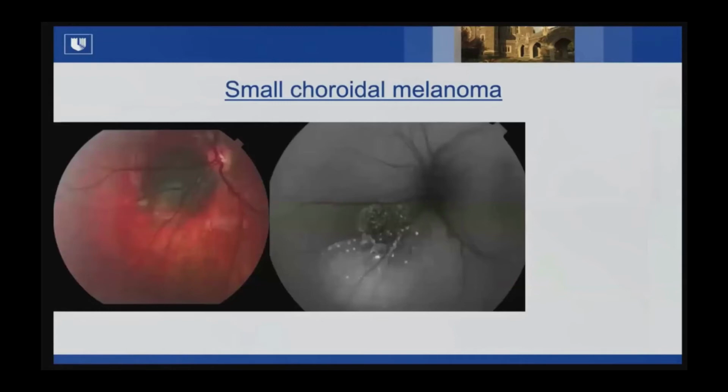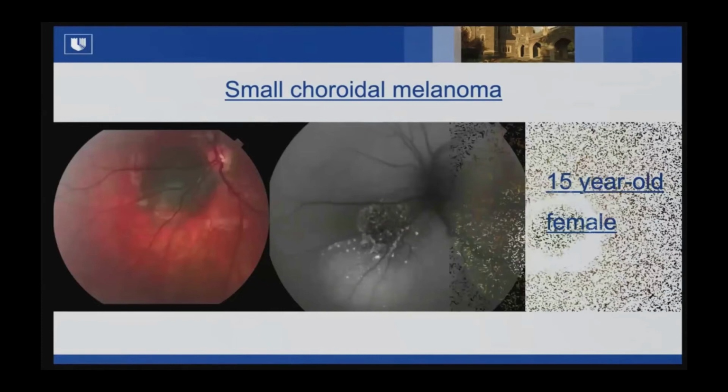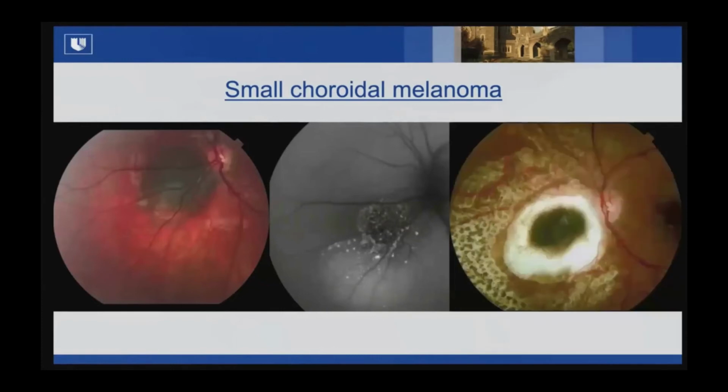Autofluorescence showed that there was some orange pigmentation with some retinal fluid, and the patient was 15 years old. So a growing lesion, suspicious lesion. We did treat this patient with a plaque radiotherapy and laser, and TTT laser and PRP around the lesion to prevent radiation retinopathy.